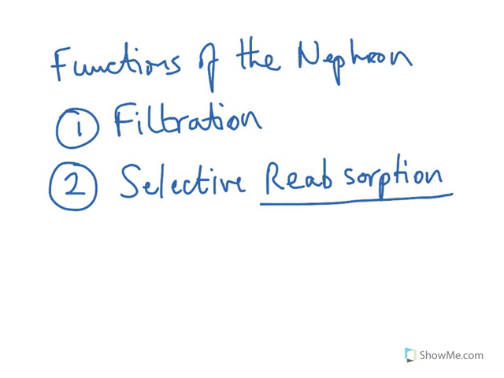If you remember the villi, the wall of the small intestine would be involved in absorbing amino acids and glucose and so on, and these molecules are filtered out of the blood in the nephron, and then reabsorbed back into the blood. So this is why we call it reabsorption, just to bring that to your attention.